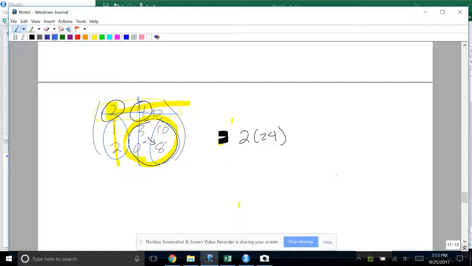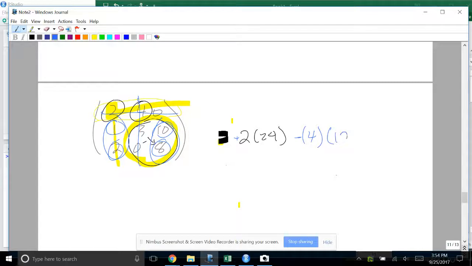But we alternate signs. So this was a plus 2. Now I'm going to have a minus 4 times the determinant of 1 times 8, which is 8, minus 2 times 10, which is 20. So what is that?